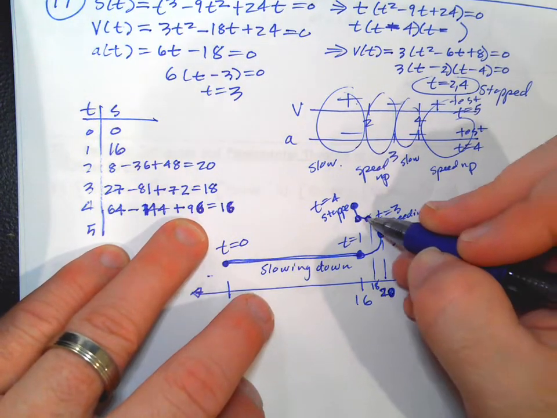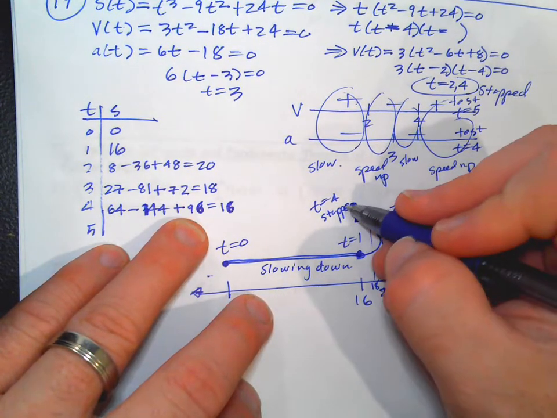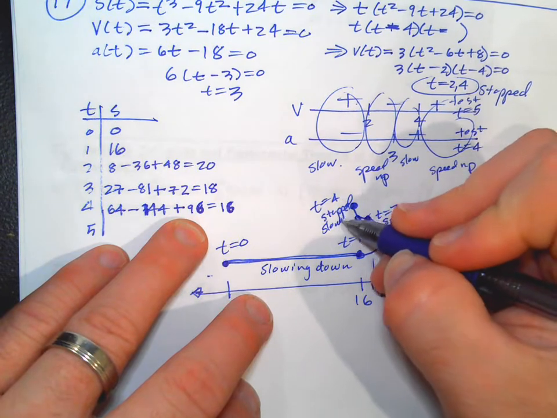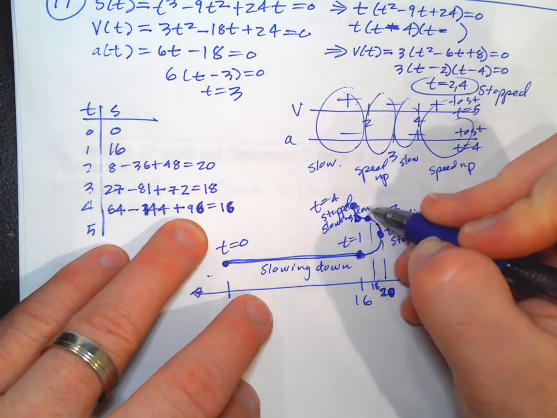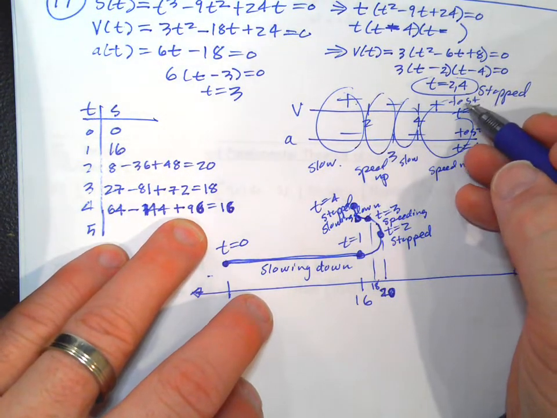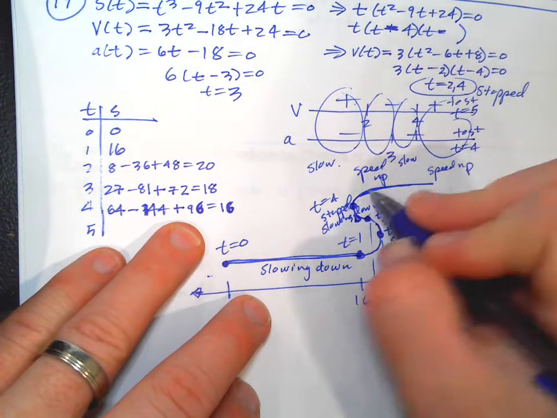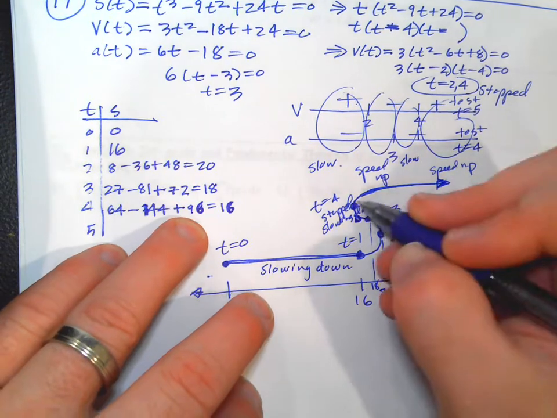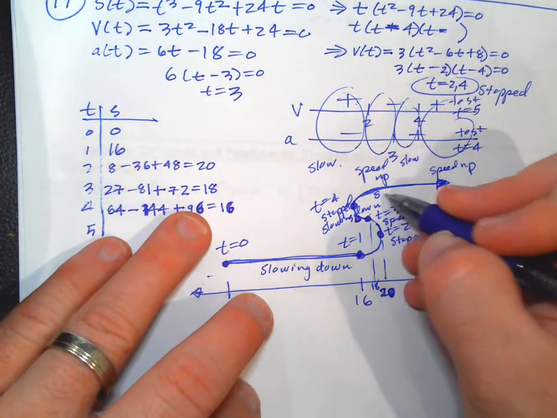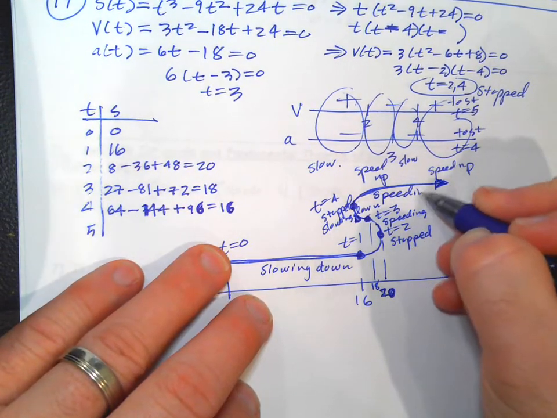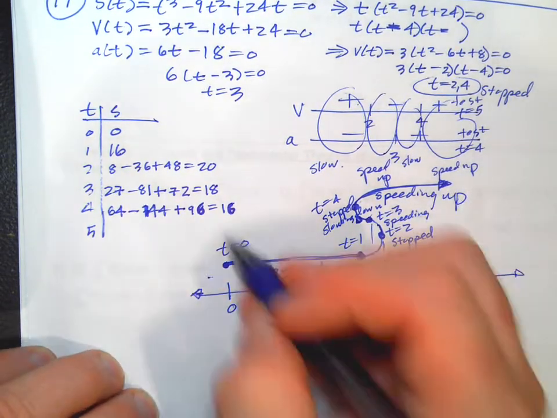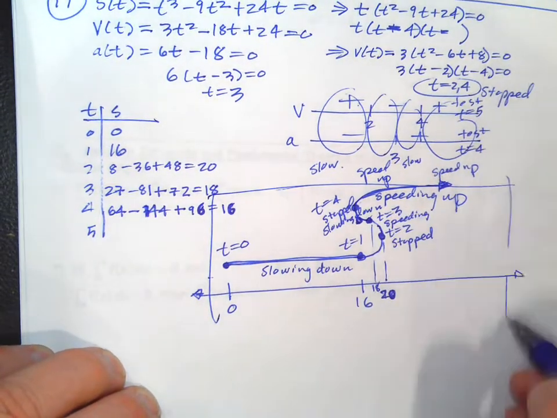From 3 to 4 it's slowing down. Now it's going to start to move to the right again, and it keeps moving to the right after that forever, speeding up. So that's kind of the picture we're going for.